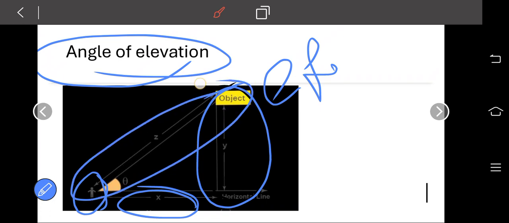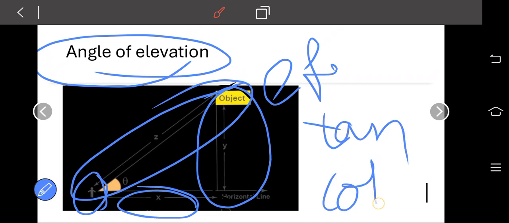What is this Z line? This Z line is also nothing but the angle at which you are looking at the Eiffel Tower. This is called angle of elevation. For this angle of elevation, it's based on the question, but most probably you will use tan and cot and sine sometimes.